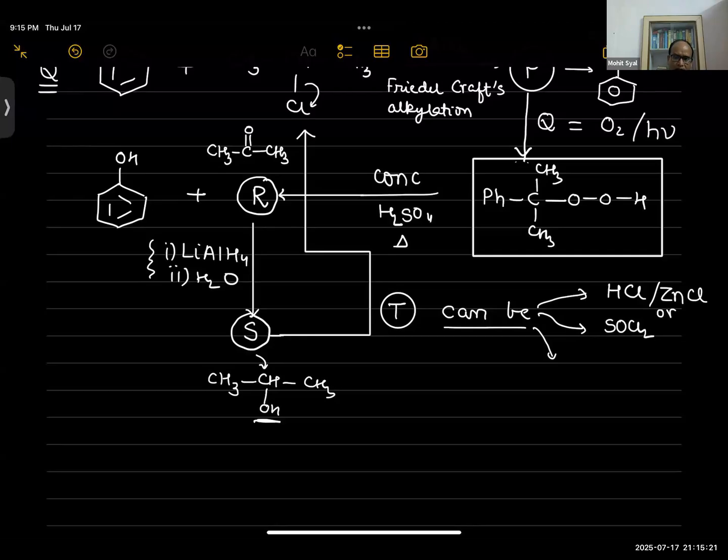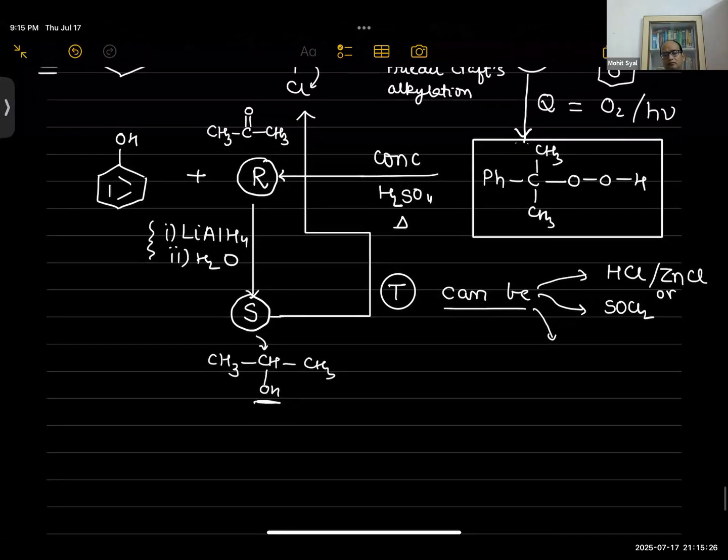What were the two reagents? They must have chlorine also, otherwise how is the chlorine going to come? So PCl3, PCl5, got it? Is it clear?